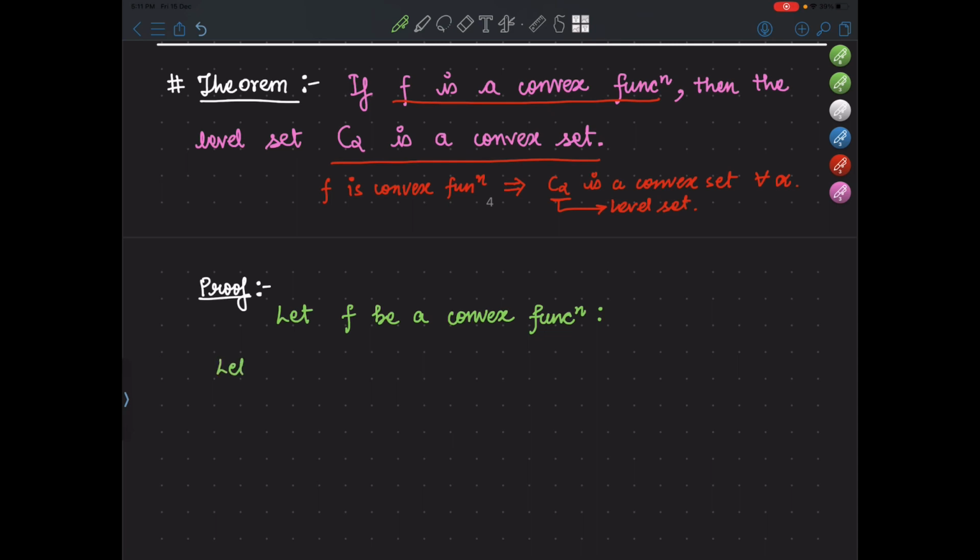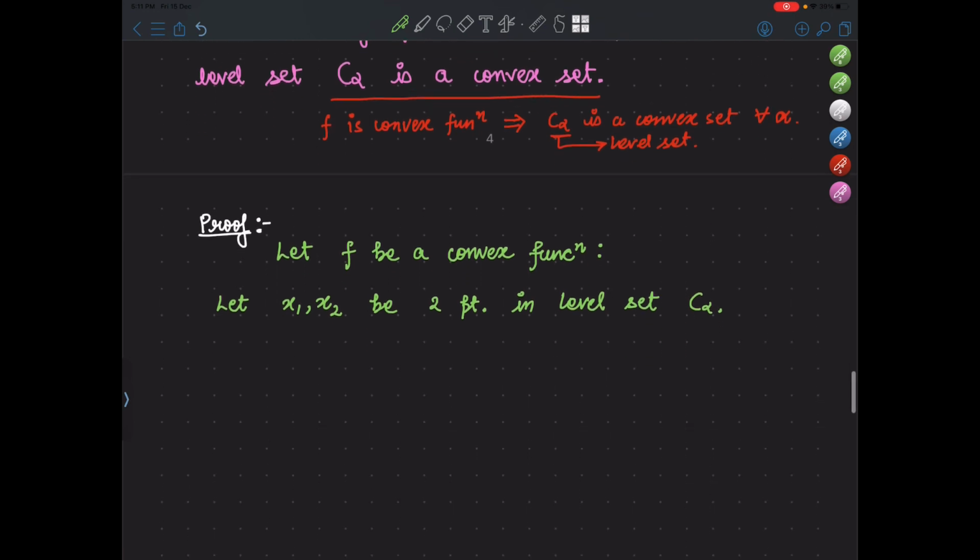Now let x1 comma x2 be two points in level set C alpha. What does that mean? That means f of x1 is less than or equal to alpha, and f of x2 is also less than or equal to alpha.